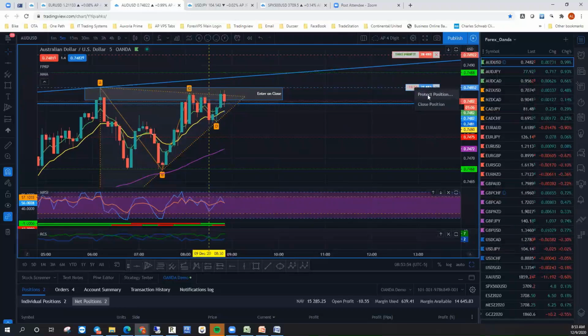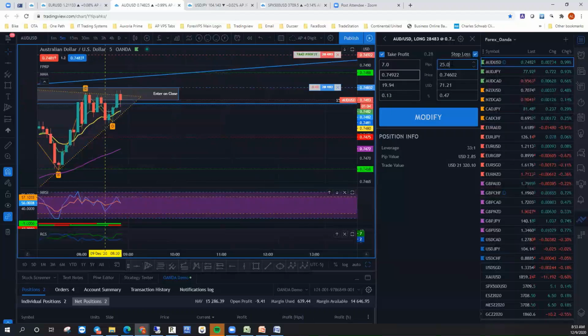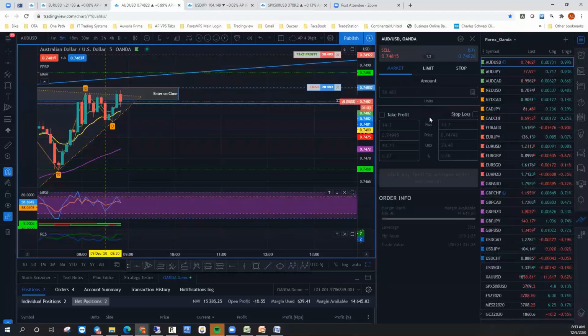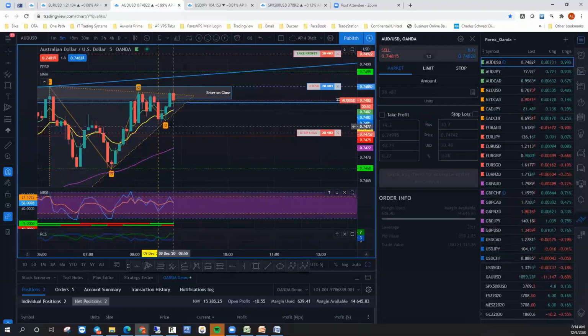And my stop, let's see where my stop needs to be. Go 10 pips below, see where it falls. Well below the wedge. Here's the low, here's the high.